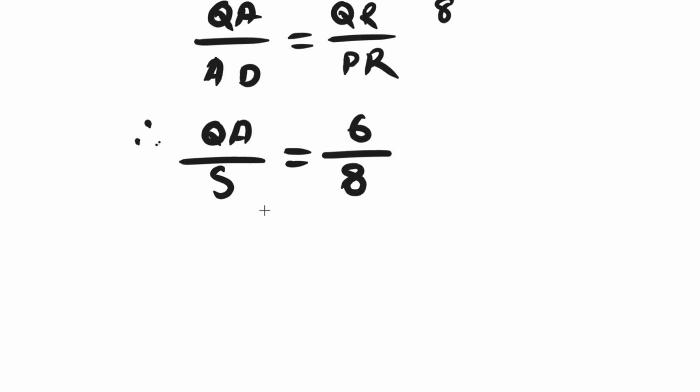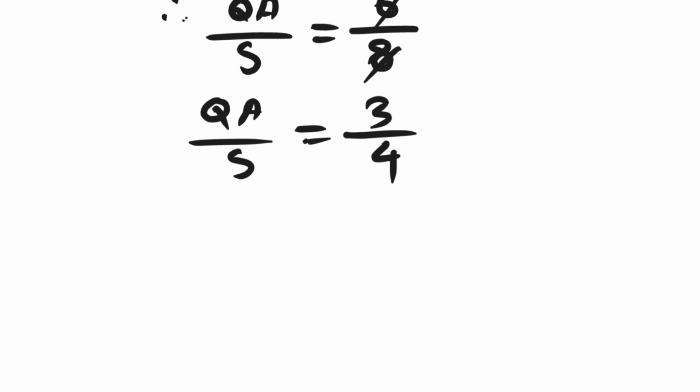Now let's simplify 6 divided by 8 first. Both numbers are divisible by 2, so this becomes 3 divided by 4. We now have QA divided by S equals 3 divided by 4. To isolate QA, multiply both sides by S. On the left side, the S in the denominator cancels with the S we multiply by, leaving only QA.